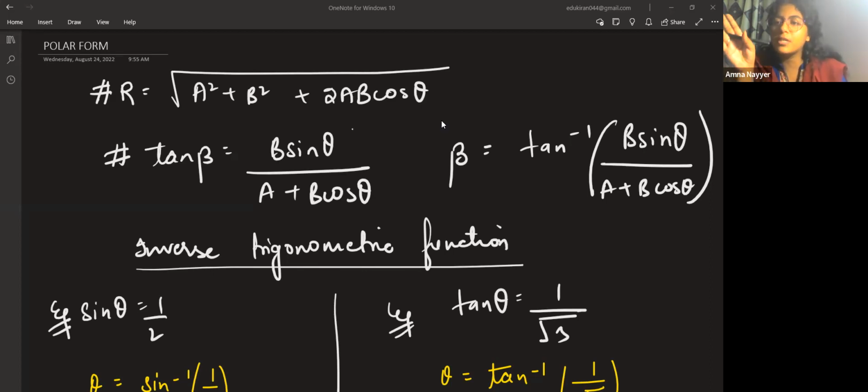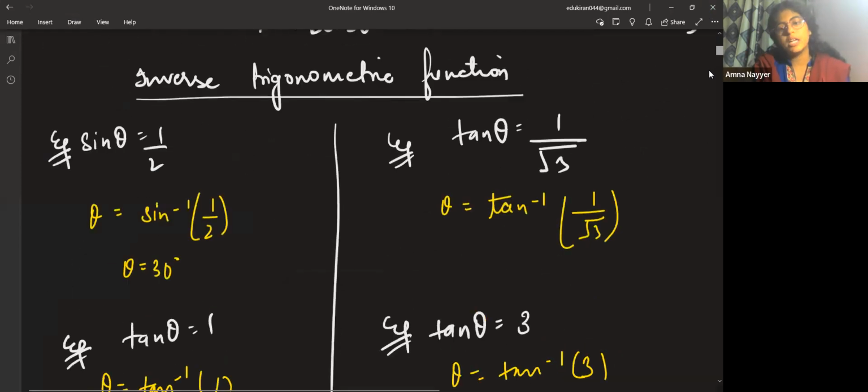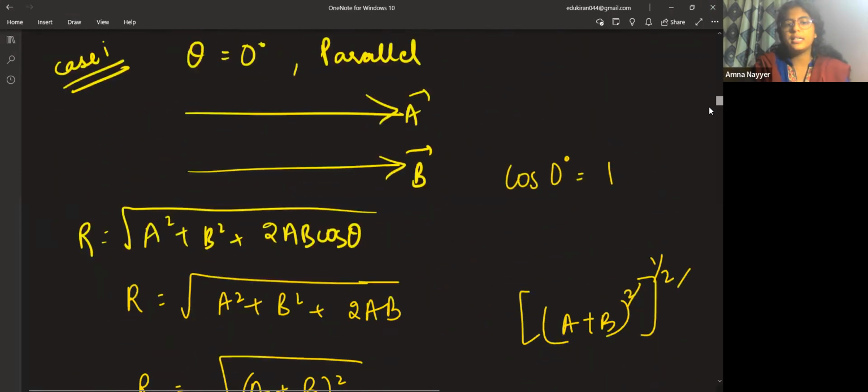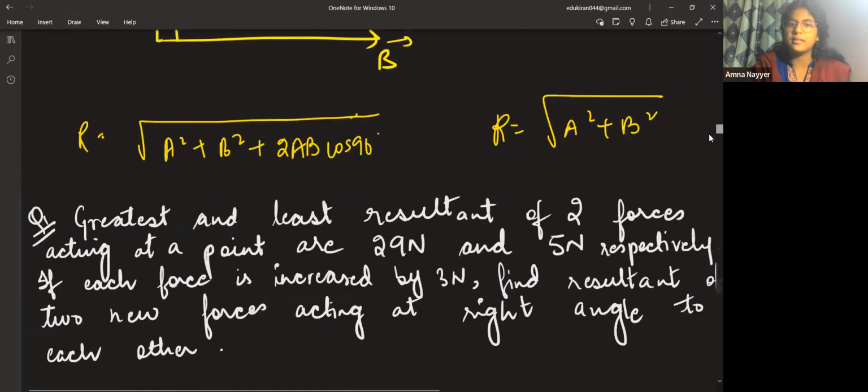Then we find the direction using beta with vector A, so that is tan beta equals B sine theta divided by A plus B cos theta. This we did. Some questions we have completed, and some were left to be discussed. The three cases we had seen.